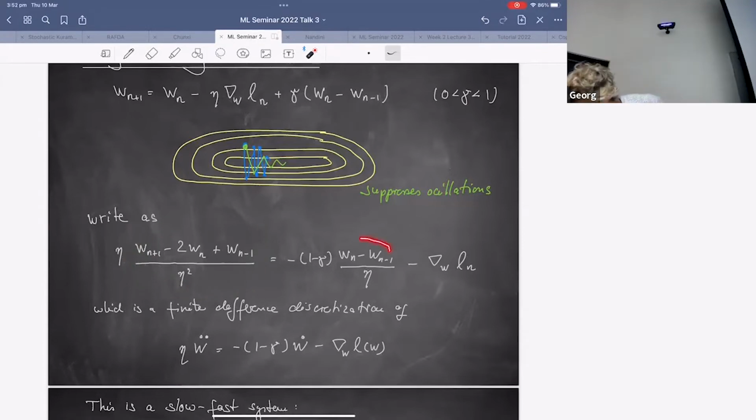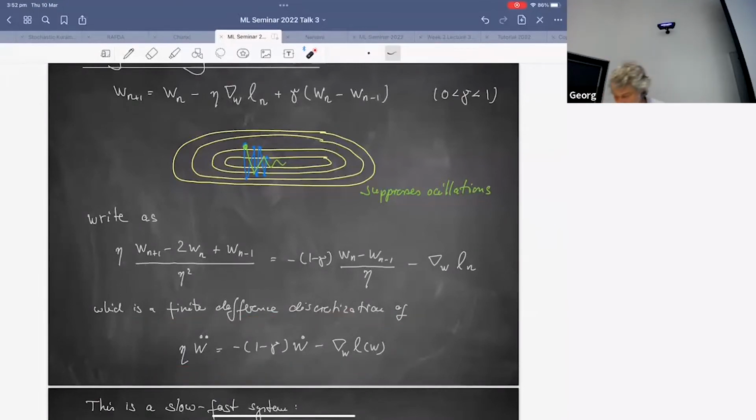And this one here, evaluated at n, is a consistent discretization of a first order time derivative if I interpret eta as my time, right? So there's a continuum limit to this. We can say this is a consistent finite difference discretization of this ODE.